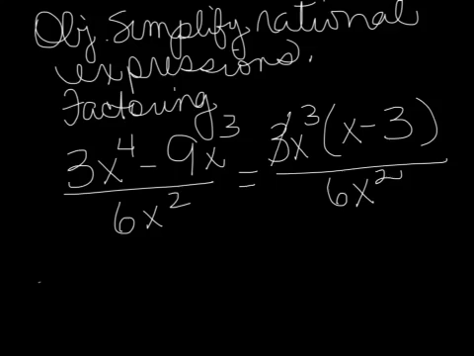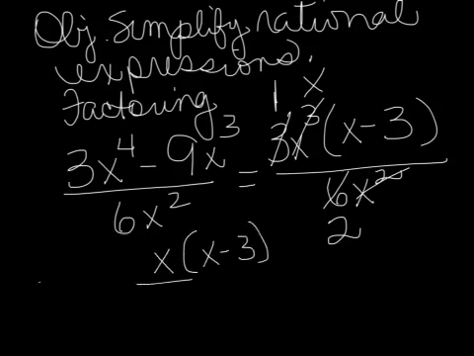Therefore, 3 will go into 3 one time, 3 will go into 6 two times. 2x is on bottom, 3 on top, so that leaves me with 1. So my final answer, and I'd just leave it as is, is x times x minus 3 all over 2. Do you see what we have just done is factor? Factoring is the key to this lesson.